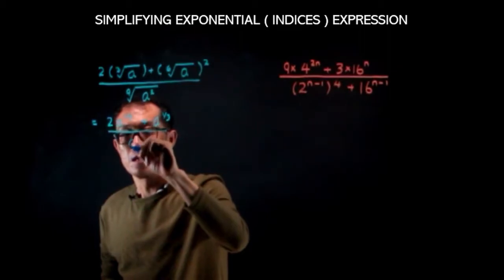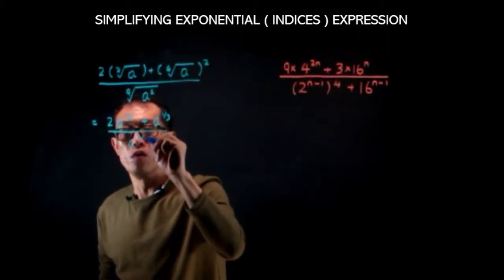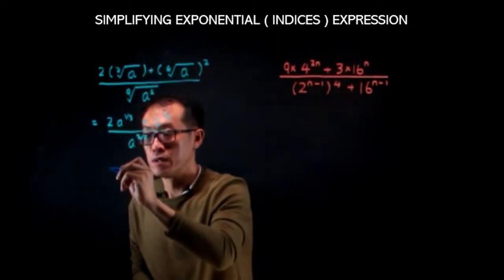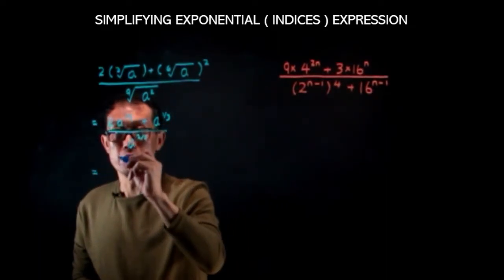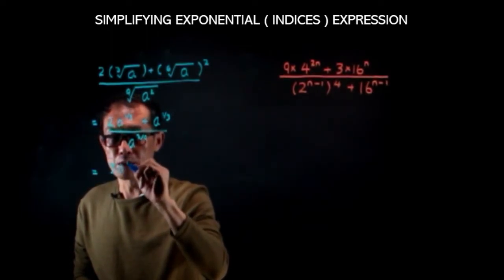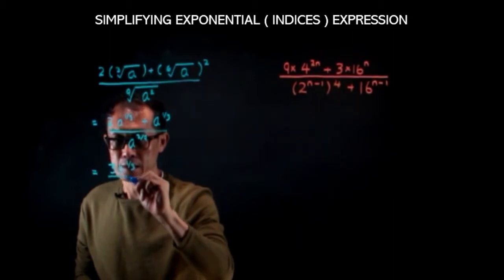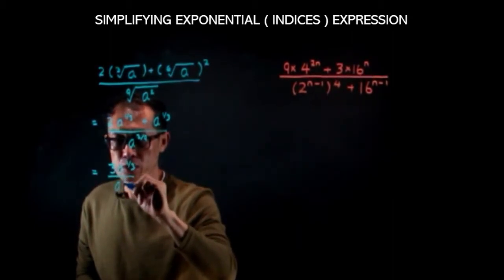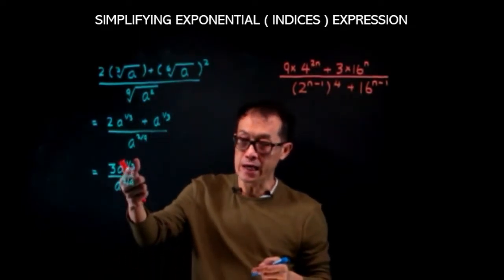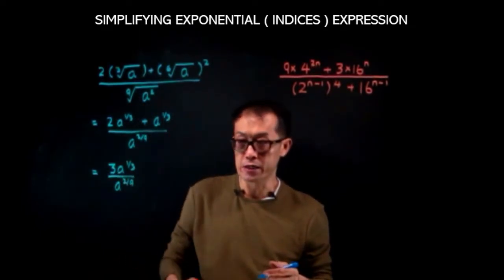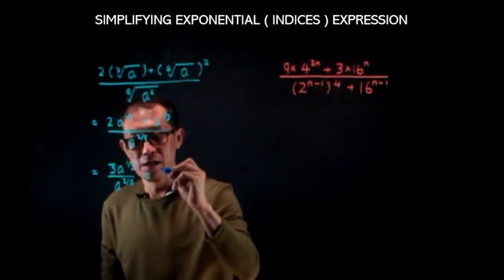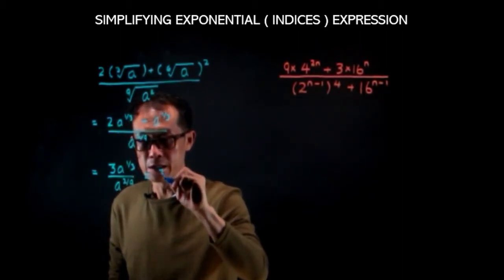This is a to the power of 2 over 9. Now these two are like terms. So we add them together, you have 3 of a to the power of 1/3, divided by a to the power of 2 over 9. Now since they have the same base, a, in the numerator and denominator, so it's a division, so we minus the index.